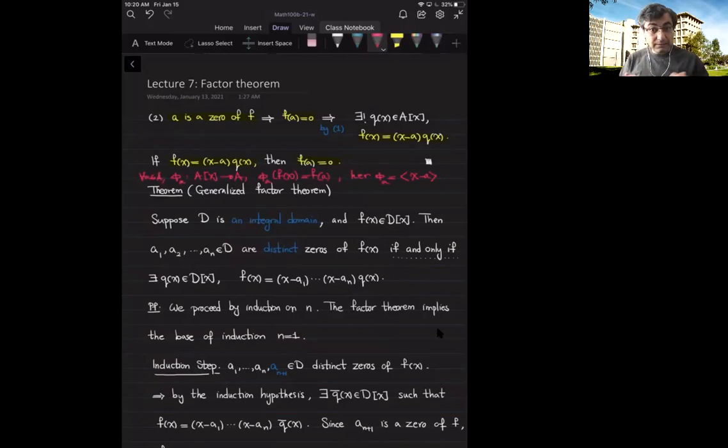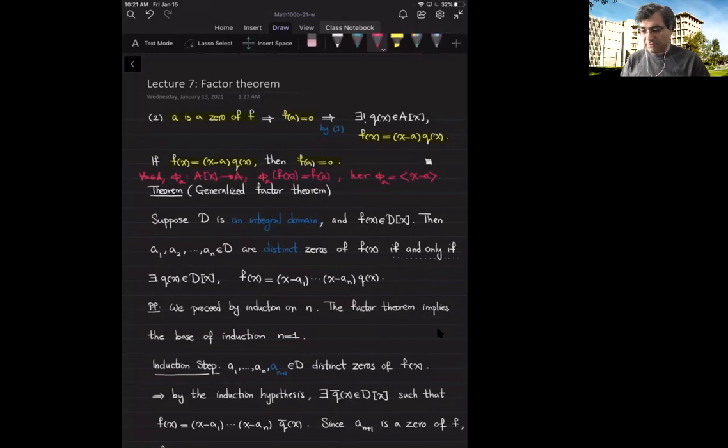Later, we will be discussing the kernel of the evaluation map when small a does not belong to the ring of coefficients. And that's the tricky part of understanding the image of the evaluation map.